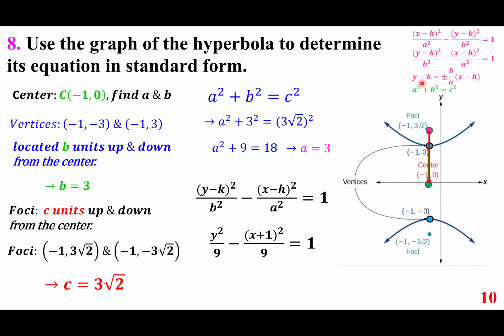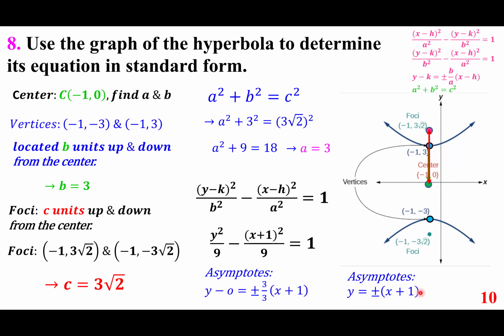So we are going to go with y minus k, that means just y, or y minus 0, equals plus or minus b over a times (x minus h). That means 3 over 3 times (x plus 1), and 3 over 3 is 1. So y is plus or minus (x plus 1).